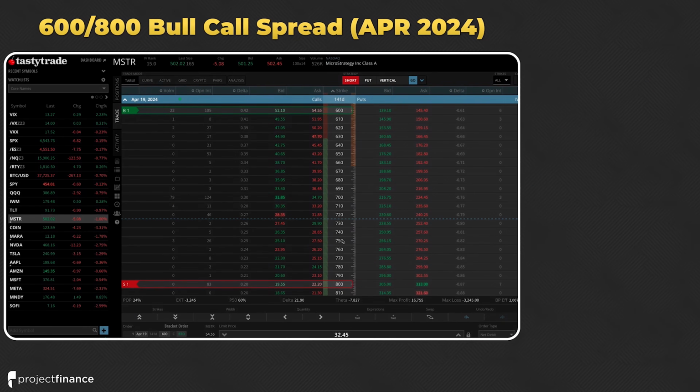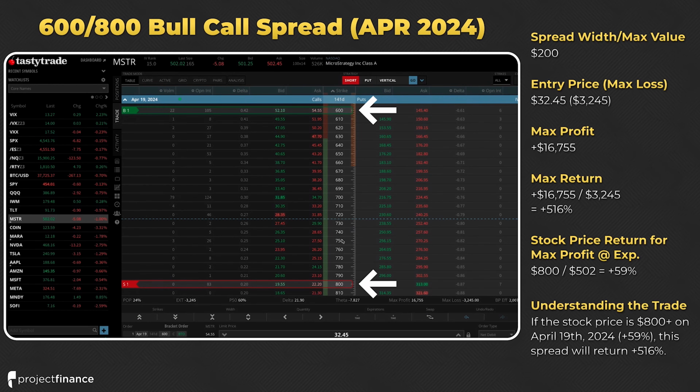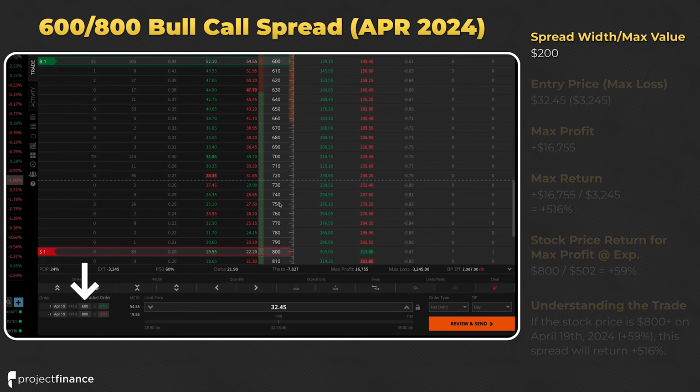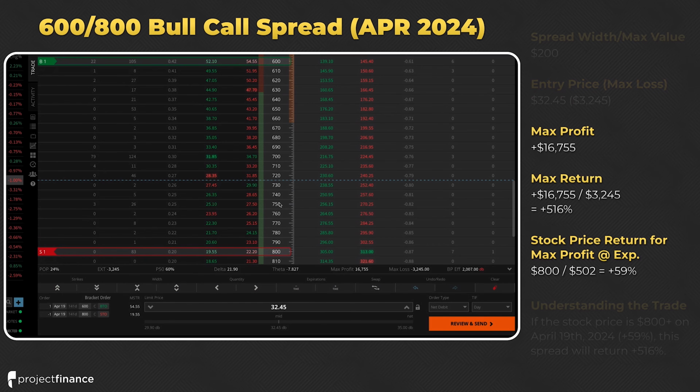In this next setup, I've kept the call spread long strike at 600, but I moved out the short strike to 800. This gives me, again, a $200 wide call spread with an entry price of $32.45. And if I buy a $200 wide call spread for $32.45, that means I can effectively 6x my investment because this 3,245 can go to a max value of 20,000.